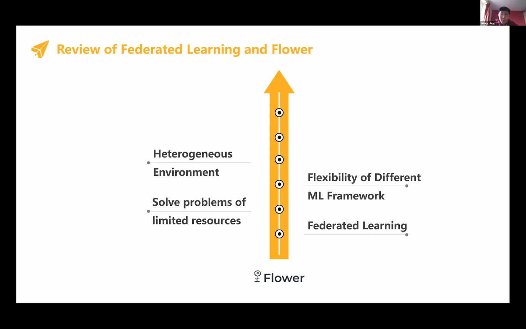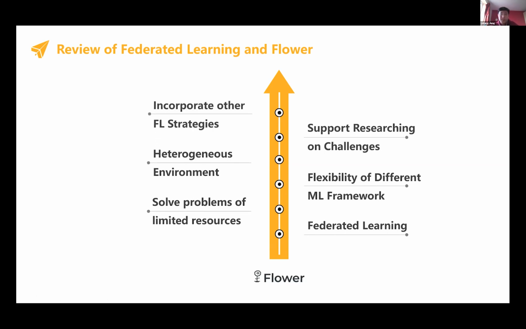What I'm going to talk about is how a C++ client can interact with the Python server. Due to these advantages, Flower can support research on many challenges, and it can also incorporate other federated learning strategies.